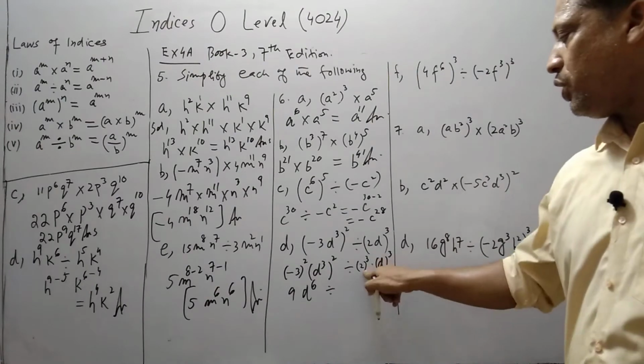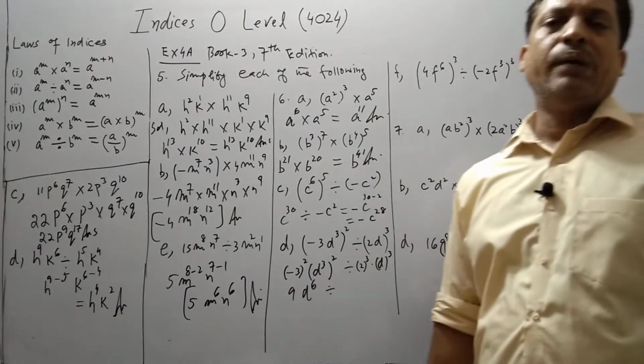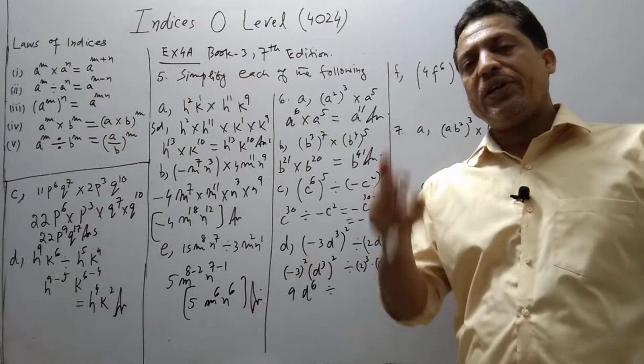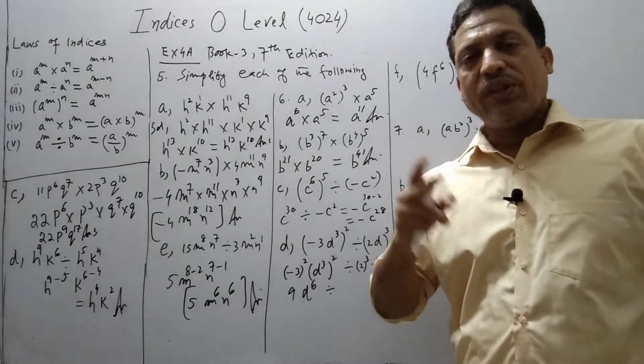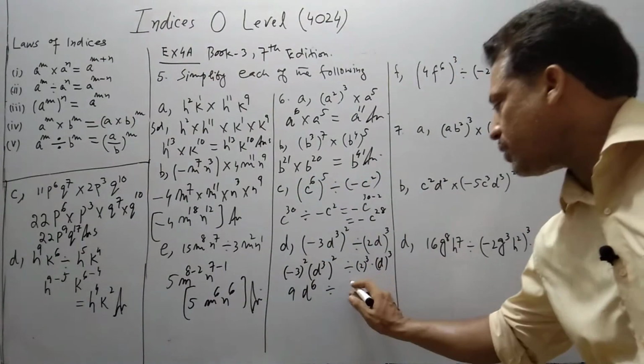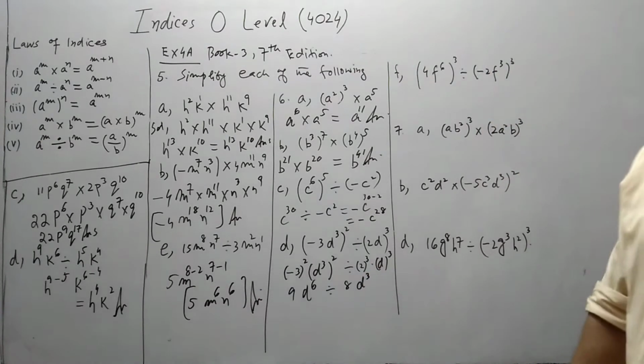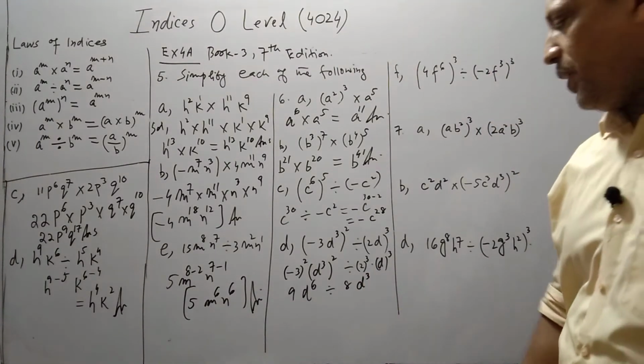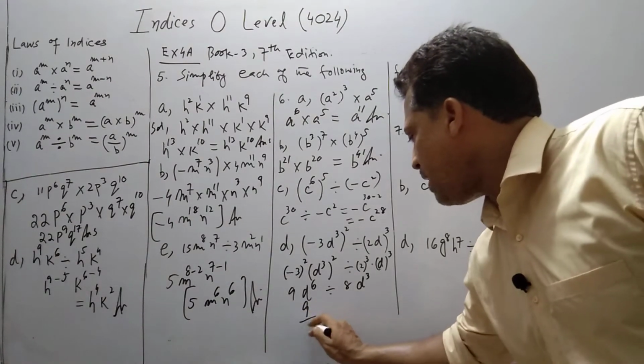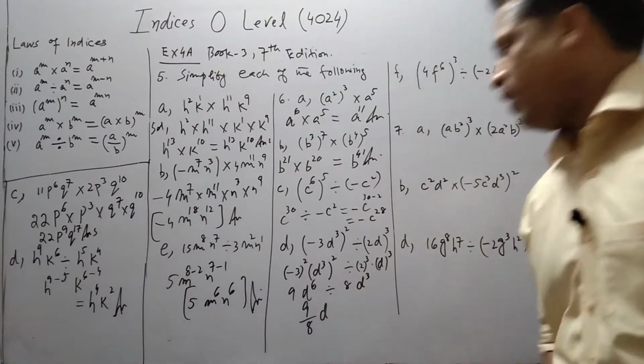Divided by 2 cubed. 2 cubed means multiply 2 three times: 2 into 2 into 2. 2 twos are 4, 4 twos are 8. So 8 d cubed. Our final answer would be 9 upon 8 d.